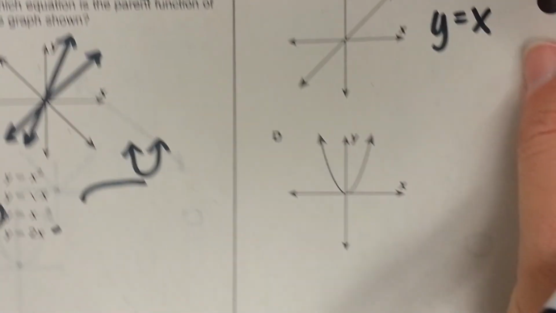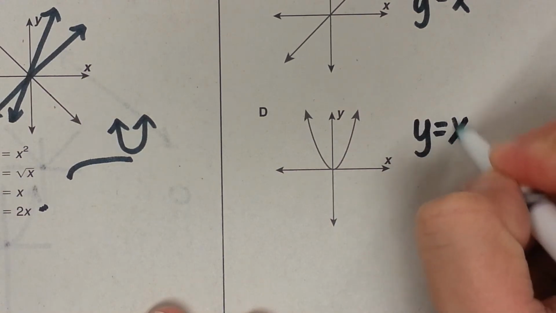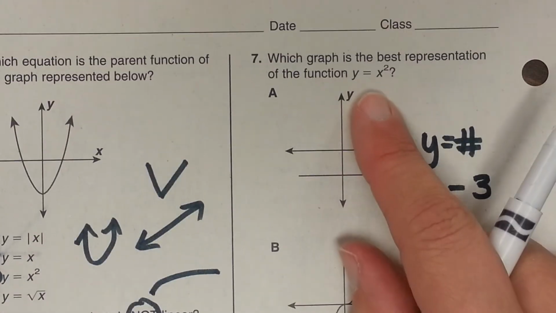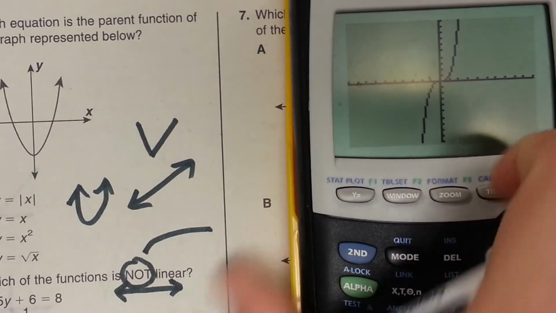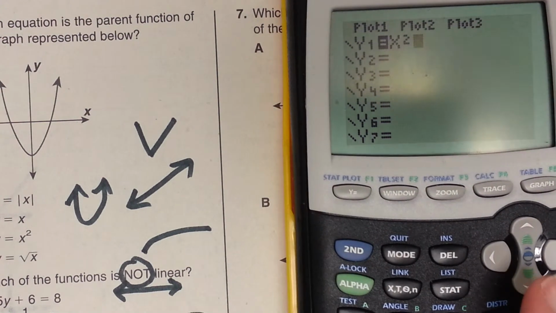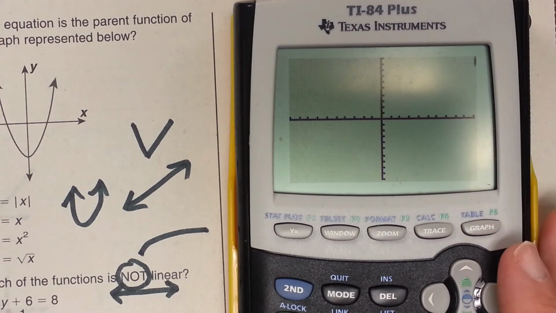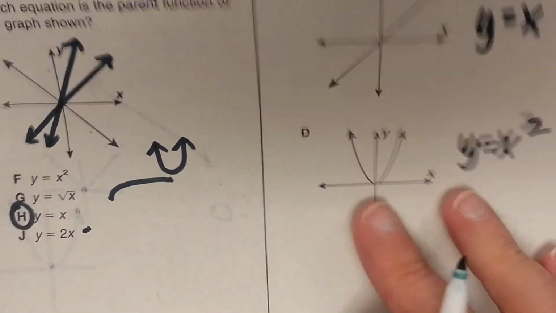And then for D, this is the one that looks like a parabola, so it's y equals x squared. And which one were we looking for again? The one that looks like y equals x squared. So you could have, in your calculator, gone to y equals, typed in x squared, and then when you graphed it, seen what your picture should look like. Y equals x squared. That would be answer choice D.